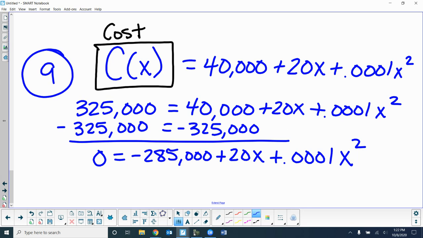Remember, A is still the one in front of the x squared, right? And B is 20, that's still in front of the x. And then my C is the negative 285,000. Does that make sense to you? Even though it's not in the order you're used to seeing, you should realize which one's A, B, and C. Okay, so then we just plug it in.